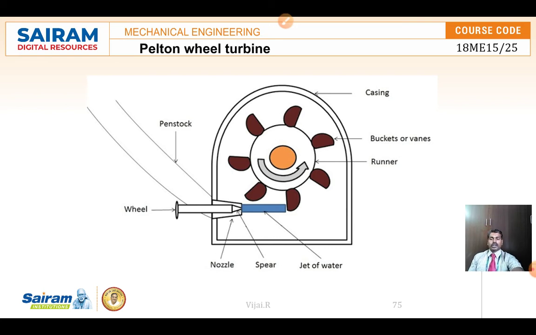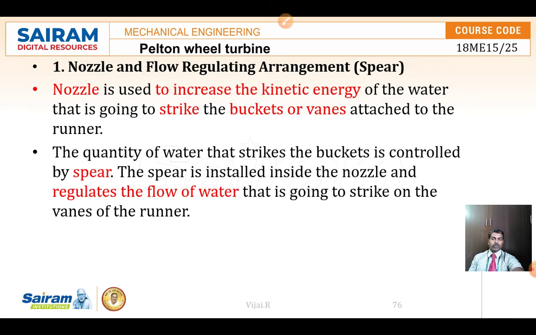Now we can see one by one the arrangements and the parts. In this Pelton wheel, first we need the nozzle and flow regulating arrangement. Water comes through the penstock from the dam reservoir and should hit the turbine blades through the nozzle.